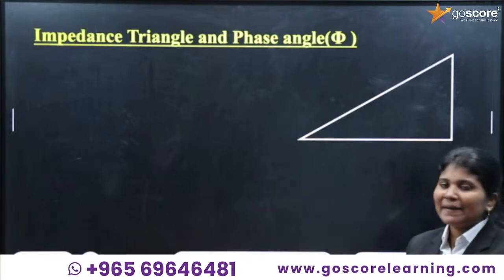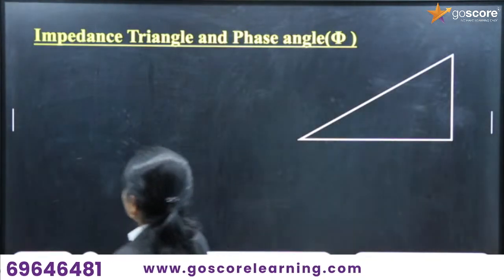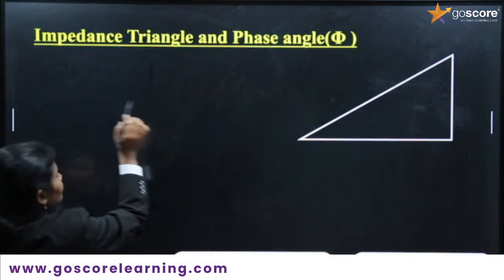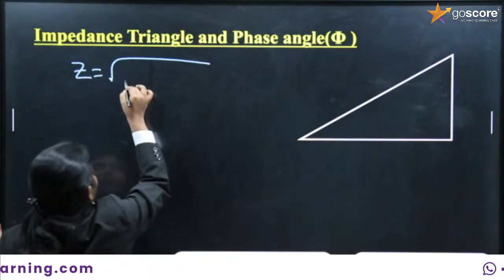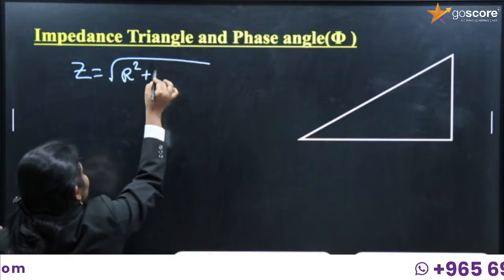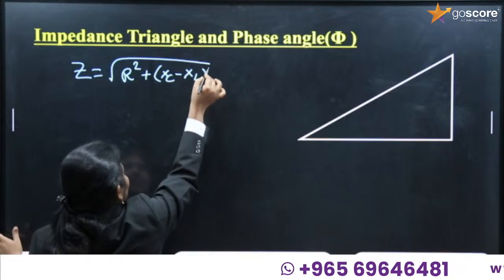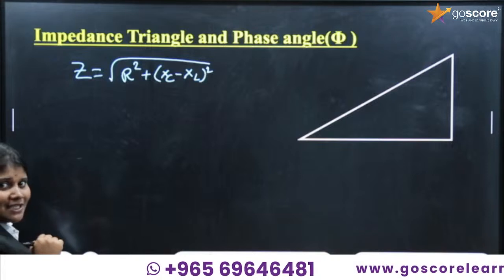Then next one, impedance triangle and phase angle. So it is an impedance triangle. What is the equation for impedance? Z is equal to root of R square plus (XC minus XL) whole square. See guys, it is similar to the hypotenuse of a triangle.